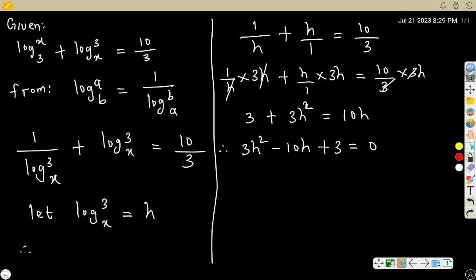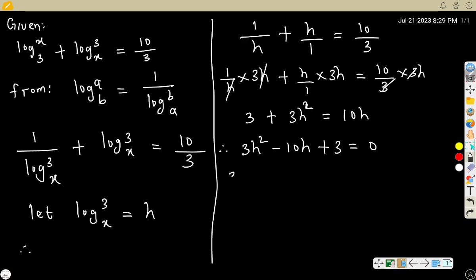I believe everybody here can solve a quadratic equation. From this quadratic, you can solve using any method. When I was doing quadratic equations, I used a fast method. But now let us just factorize.